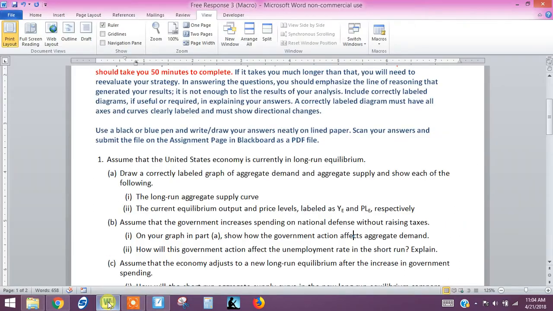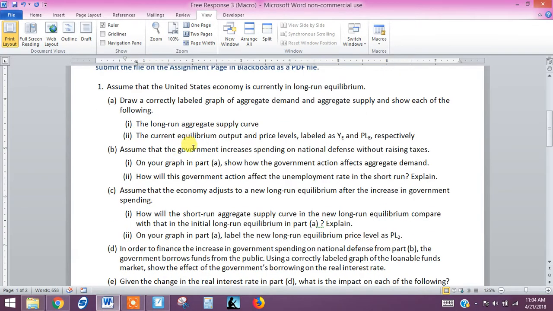So part 1B is we are being told that the government is going to be spending more on national defense without raising taxes. Okay, so that part of it is important, because that tells us that we're not going to take money out of the pockets of consumers or businesses by taxing.